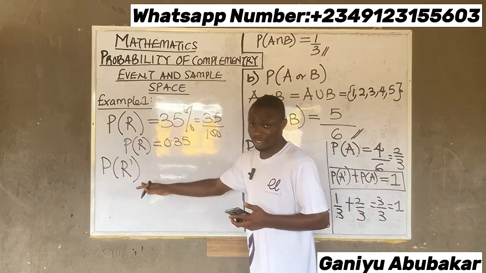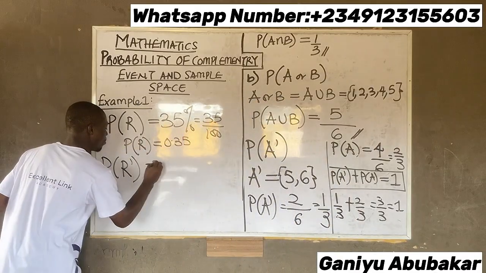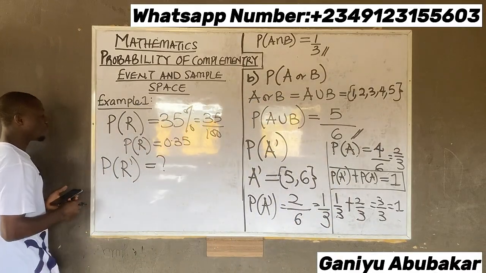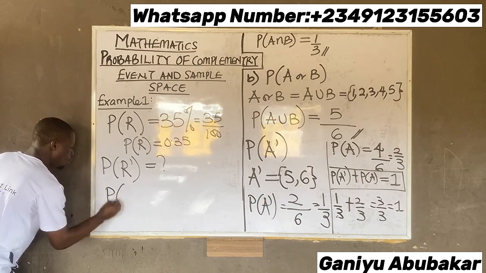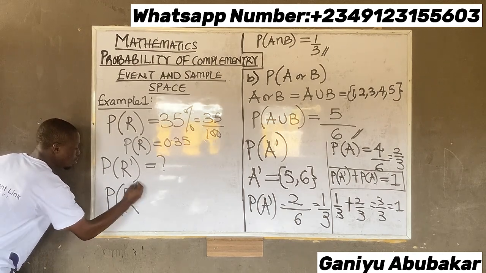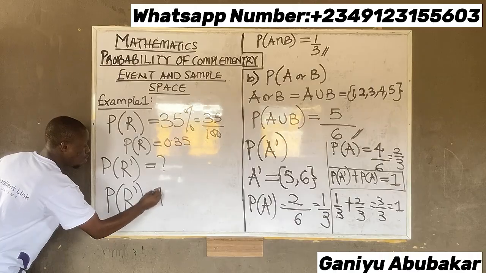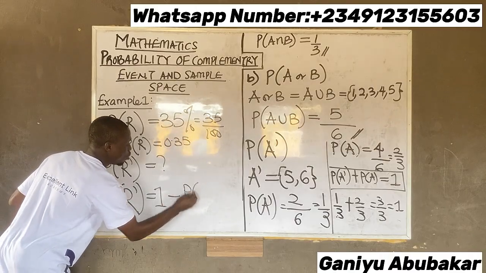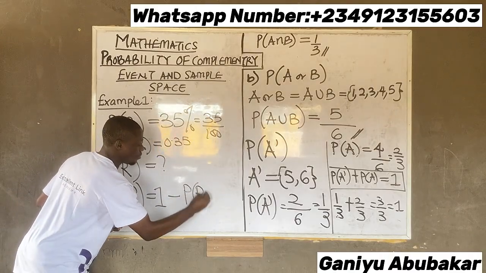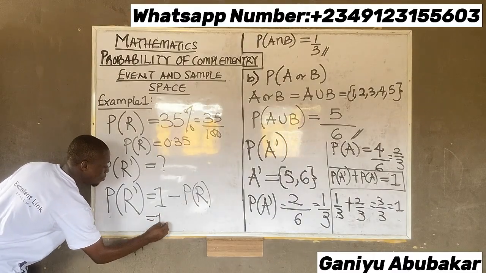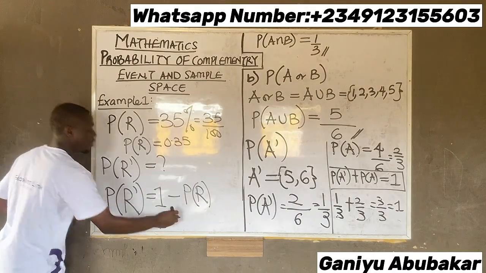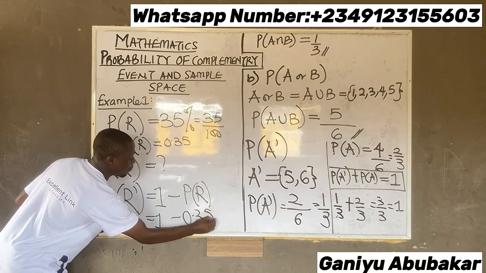This is how it works, please. I have to find the probability of the complement of R. We said to find it simply, the probability of a complementary event R is equal to 1 minus the probability of that event R. So this is equal to 1 minus 0.35.